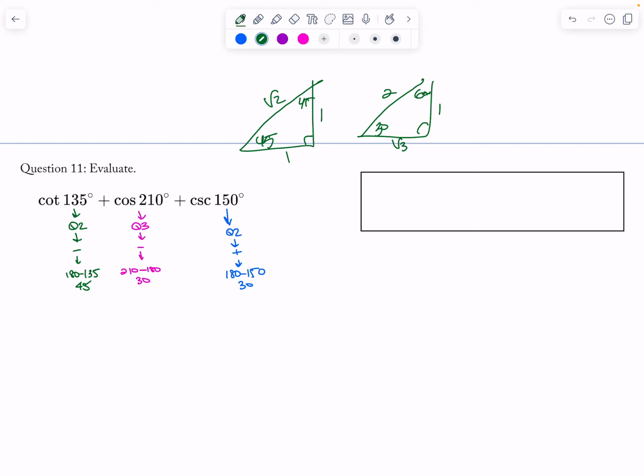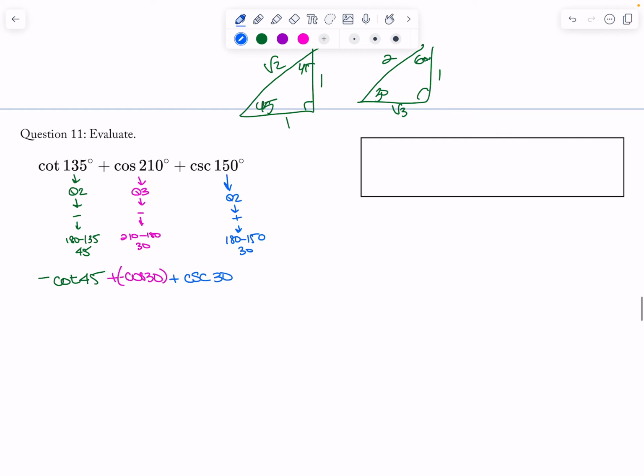So this first one, I have negative cotangent of 45, and then plus negative cosine of 30 degrees, and then plus cosecant of 30 degrees. So cotangent of 45 degrees is just going to be 1. My cosine of 30, so minus cosine of 30 is root 3 over 2.